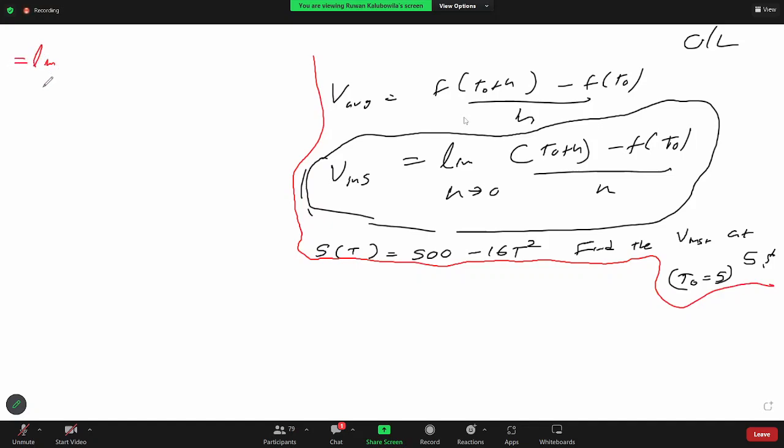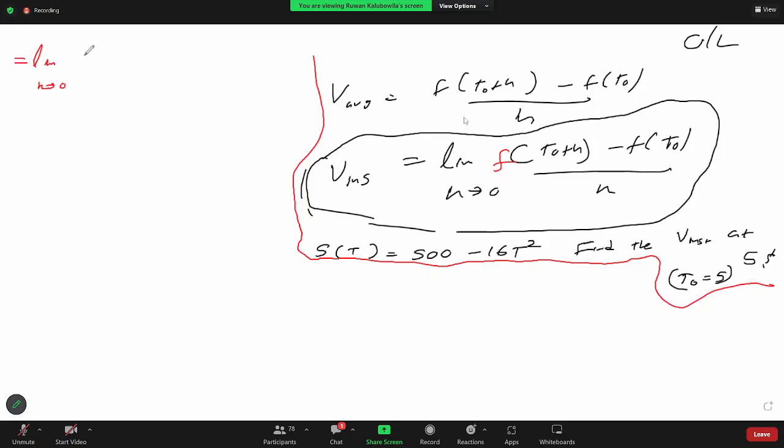Right. You have to take the limit as h approaches 0, of t naught plus h. So here is f(t naught plus h).